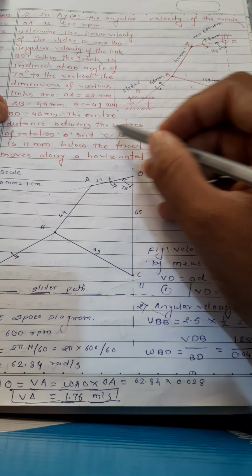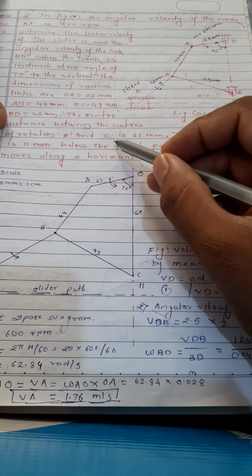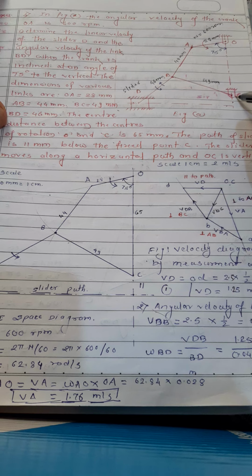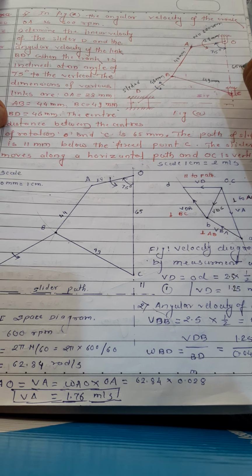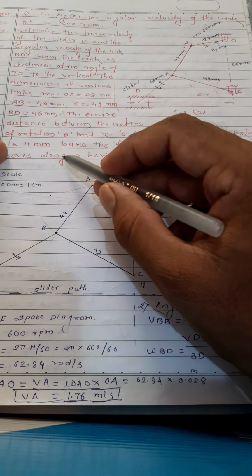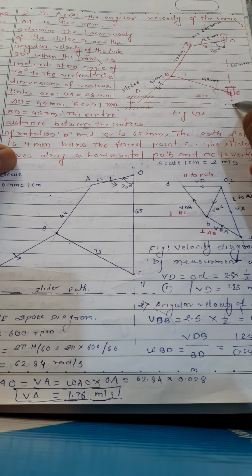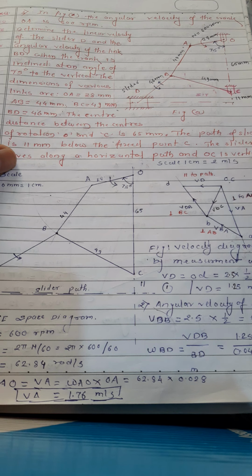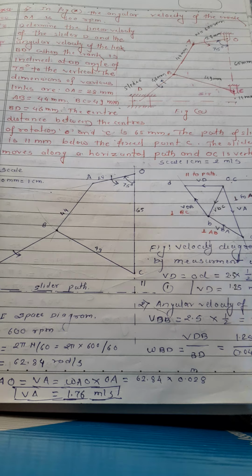The center distance between the centers O and C is equal to 65 millimeter. The path of the slider is 11 mm below. So this is the path of the slider, and it is 11 mm from the point C. The slider moves along the horizontal path.